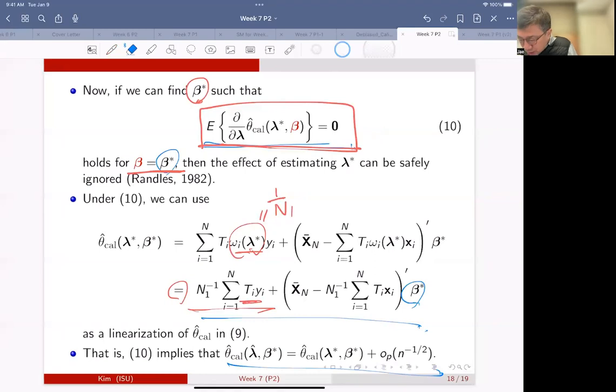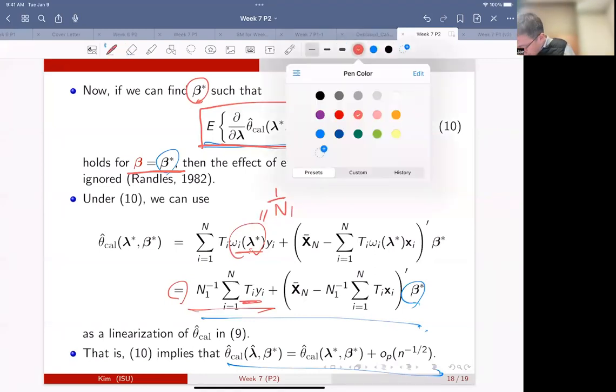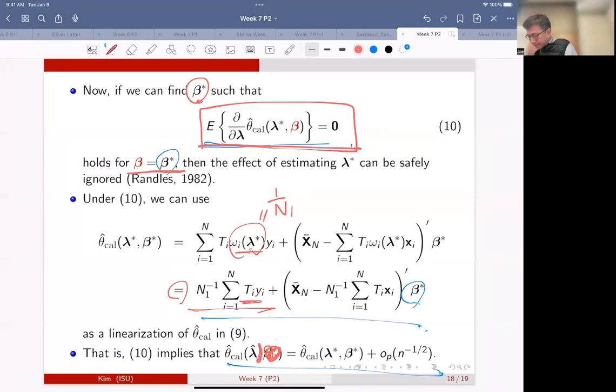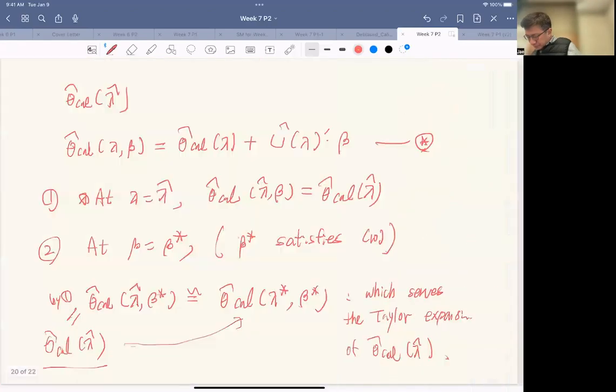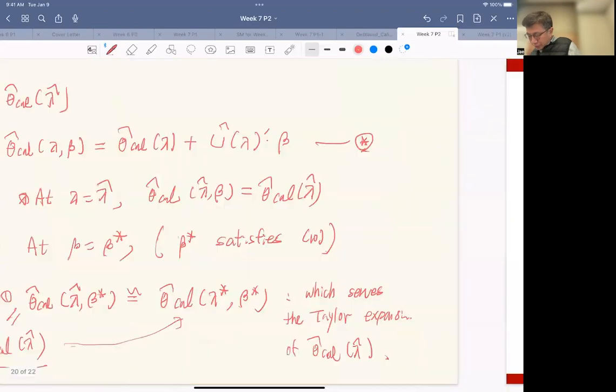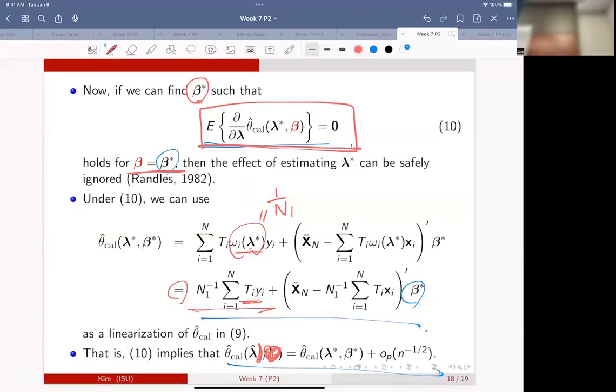To be more clear, we don't need this one. This is what we are interested in, right? The calibration estimator is equal to this. So that's basically the result of the Taylor expansion already. The only thing left is what exactly the form of beta star is. That is the only thing left to be solved.